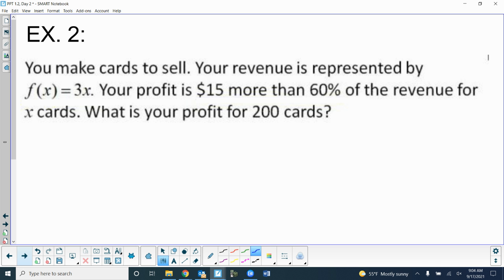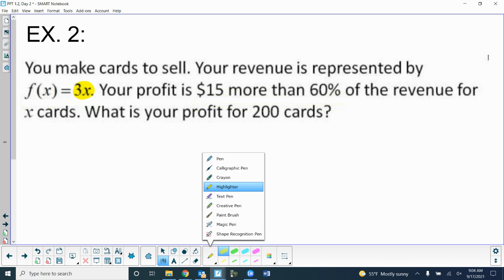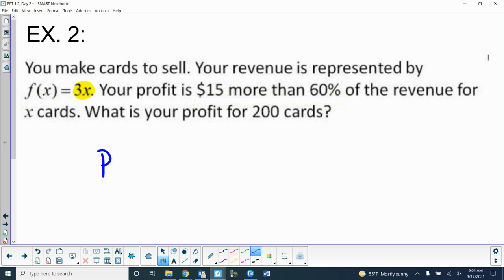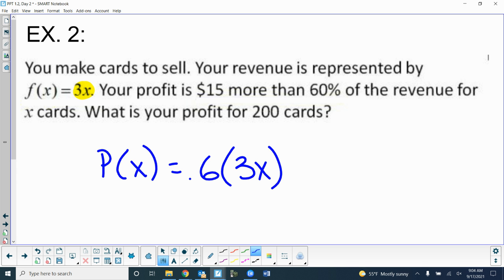All right, so our revenue is 3x this time, right? So when I do this for my profit, 60% of the revenue and $15 more than.